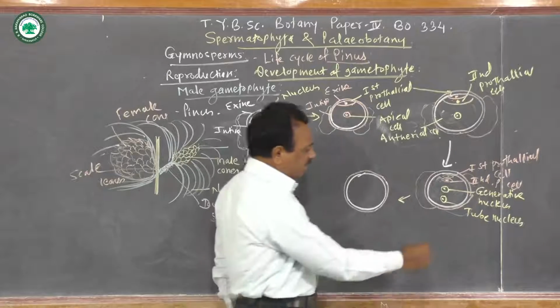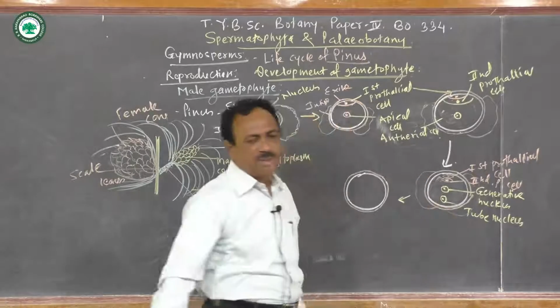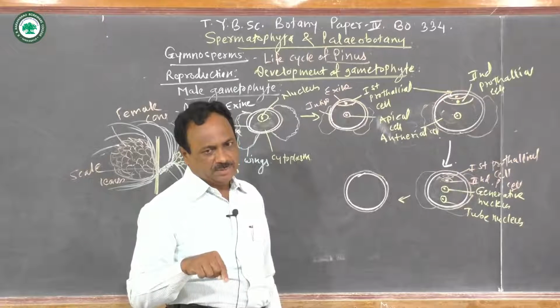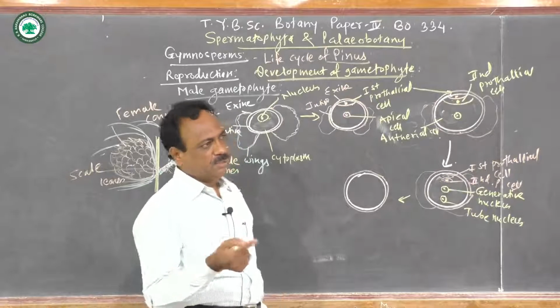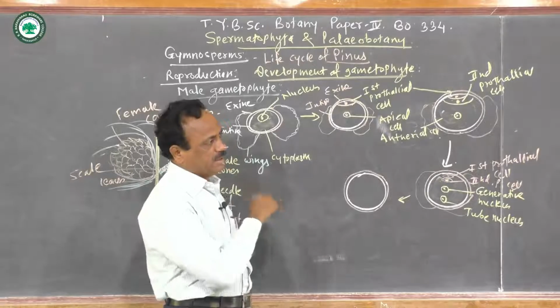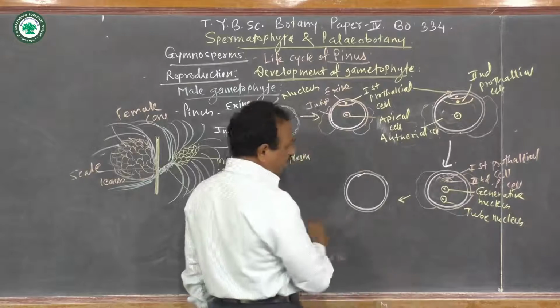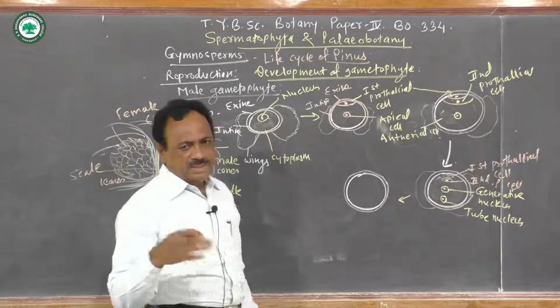Up to this stage, the development of the male gametophyte takes place in the microsporangium, that is, when these pollen grains or microspores are present in the male cone.